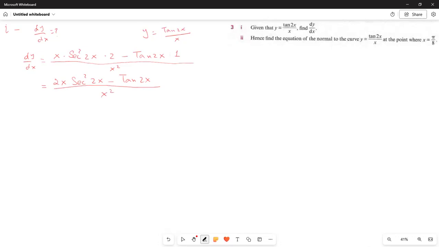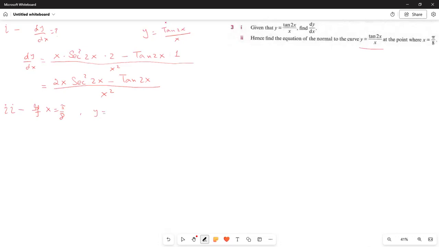Now the second part is interesting and is a bit challenging. Find the equation of the normal to this curve at the point when x is pi by 8. Okay, so if x is pi by 8, what's the value of y?